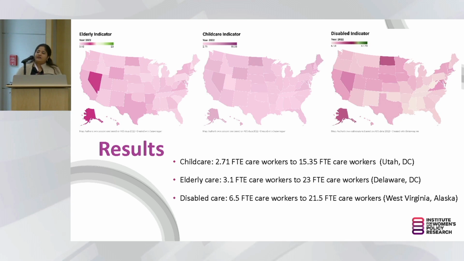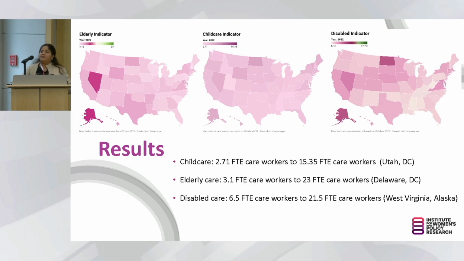Similarly, for elderly care, the lowest bound is 3 full-time equivalent care workers, and the upper bound increases to 23, going from Delaware to DC in terms of low to high. For disabled care, we have roughly 7 to about 22 full-time equivalent care workers. All other states lie in between these ranges.